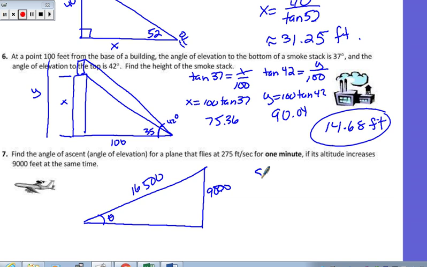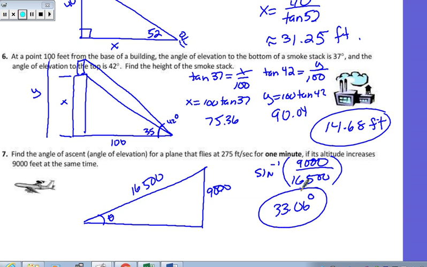And again, I'm going to use the inverse function when looking for an angle. So that's going to be 9,000 over 16,500. You put that in the calculator, I got an angle of about 33.06 degrees. All right, and that concludes our lesson on right triangle trig.